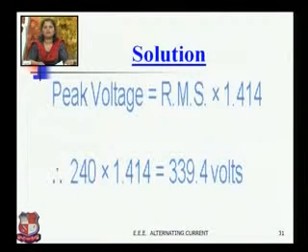Now peak voltage is equal to RMS value into 1.414. 1.414 is nothing but the peak factor. The values of peak factor and form factor always remain constant. So whenever these values are not specified in the exam, you can consider 1.414 and 1.11 for all the examples. So your peak voltage is equal to 240 into 1.414, so your answer is 339.4 volts.